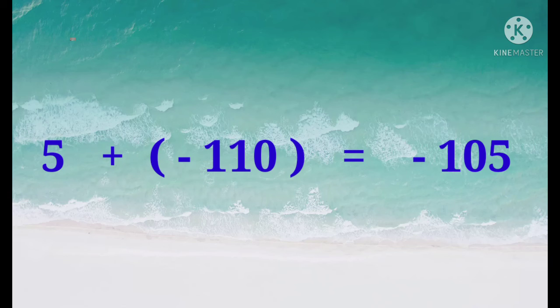Now we have to put the sign there. Which sign we have to put? Move back to the question. Look at the numbers. Which number is greater, whether 5 or 110? Yeah, surely 110 is greater, right? So, put the sign of 110. That is minus. So, answer will be minus 105. Okay.